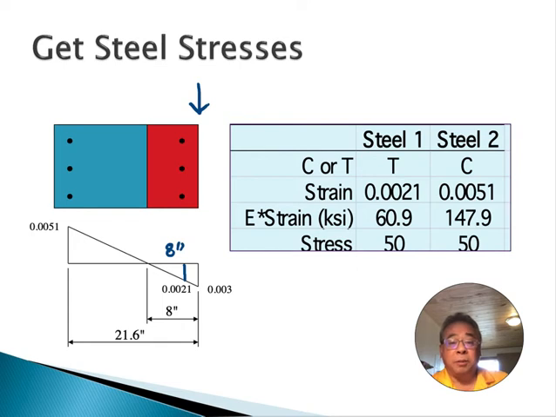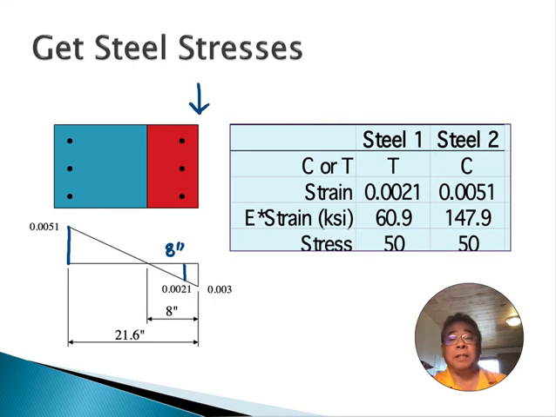You do similar triangles again to get this, 0.00501. Then what we need to do is see if they've yielded. One way to do that is to calculate the yield strain: take 50 ksi, which is the yield stress, divide by 29,000 ksi for E and get the strain.